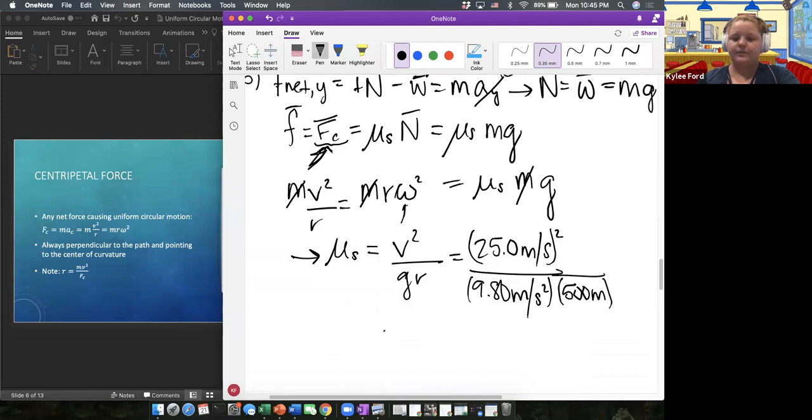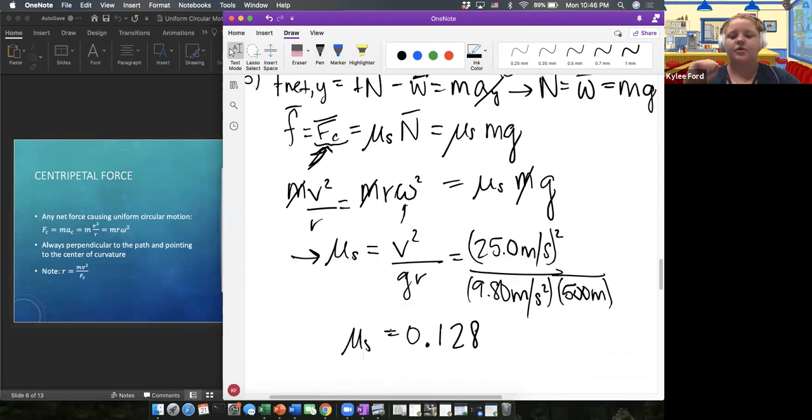So let's see how this turns out. 25 squared over 9.8 times 500 gives me 0.128 approximately.